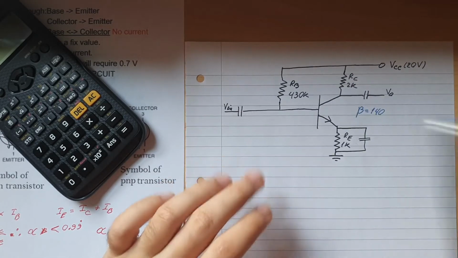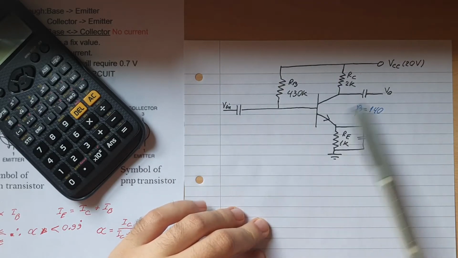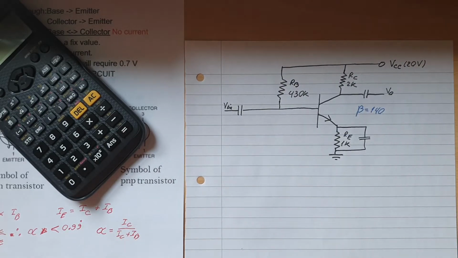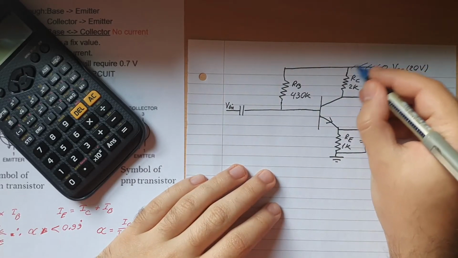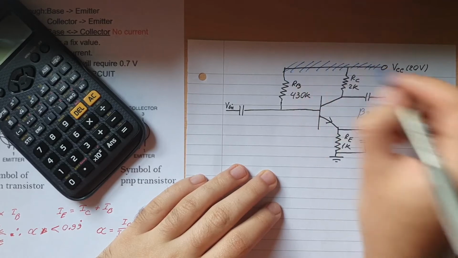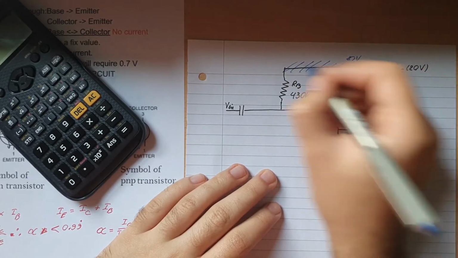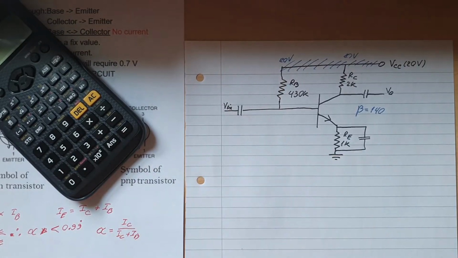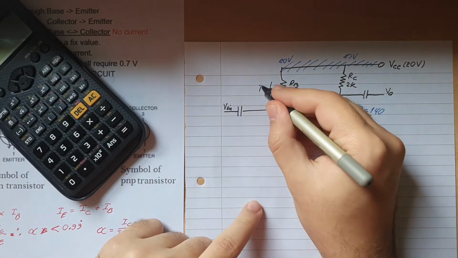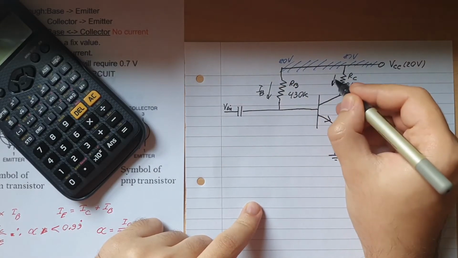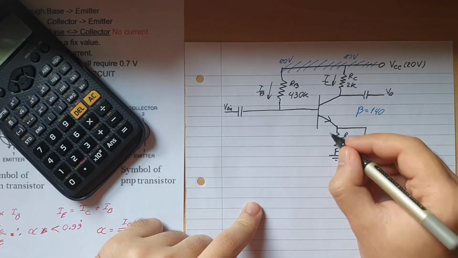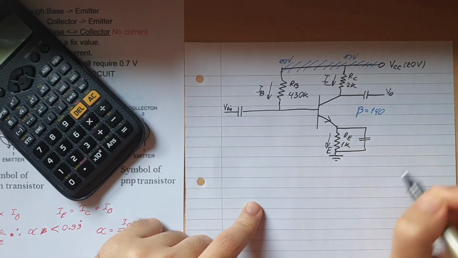Again, remember, this one is more of a representation of how you calculate when there's an AC input. So let's get rid of this wire here. We got the 20 volts here, 20 volts here, then we got IB going down here, and IC going down here, and IE coming from the way here.